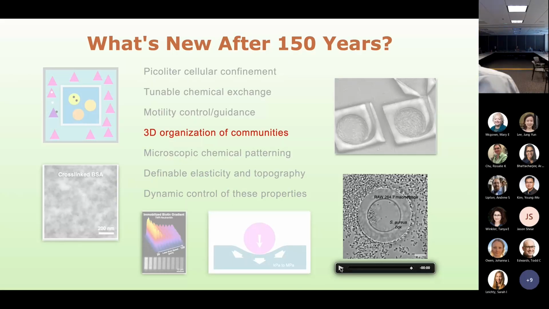We also, with these protein-based hydrogels, can make materials that have very different stiffness properties, so very different Young's moduli. We can make materials that range from maybe about a kilopascal up to a megapascal.